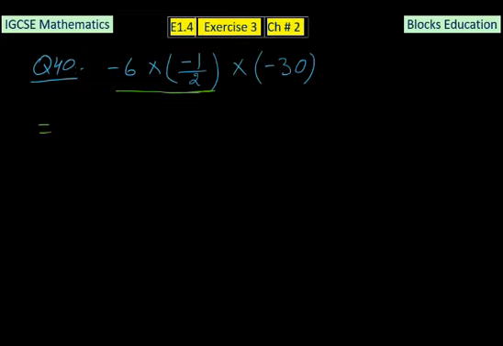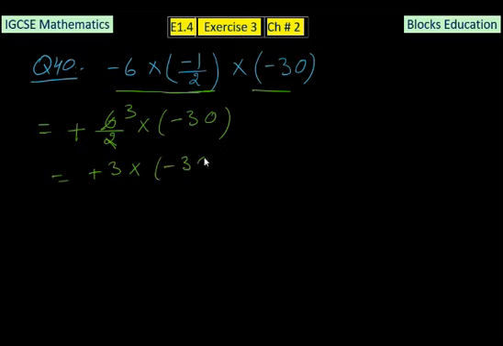So minus into minus makes plus, and then 6 into 1, 6 over 2 multiplied by, keep this factor as it is, minus 30, and 2 and 6 can be simplified, 2 threes are 6, so you have plus of 3 multiplied by minus of 30. So once again, first we multiply the signs, plus multiplied by minus makes minus, 3 into 30 makes 90, so the answer is minus 90.